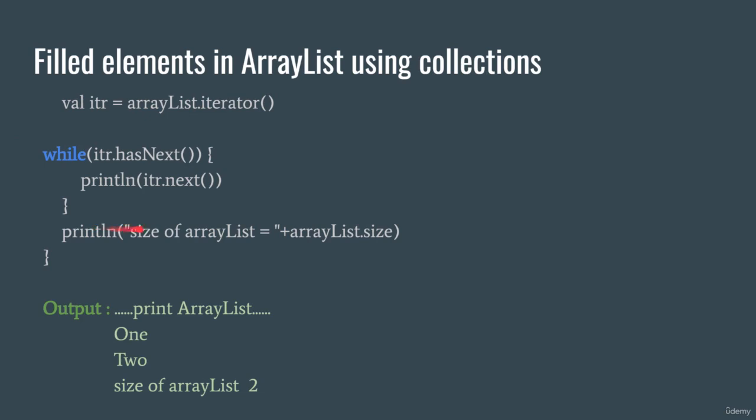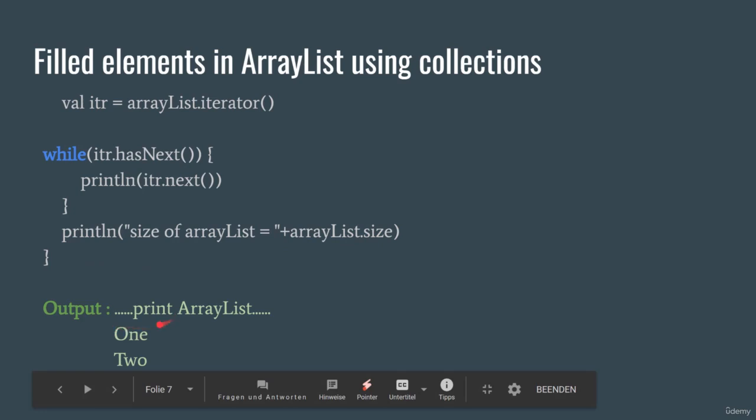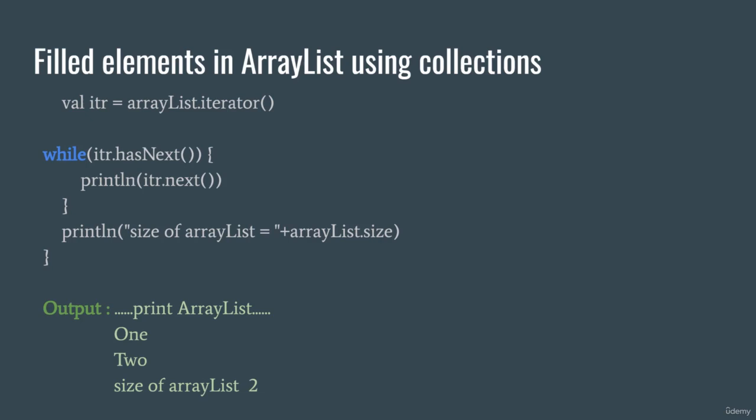And then we can also see that we can get the size of an array list by using its size property. So that will give us the following output: 1, 2, and then of course the size of array list is 2 because there are only 2 entries in there.